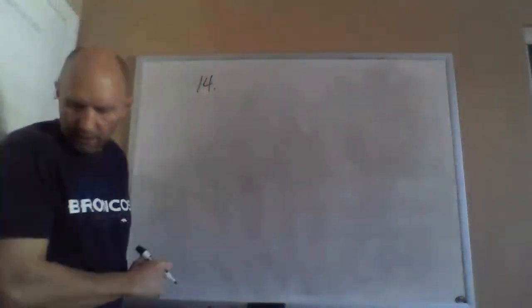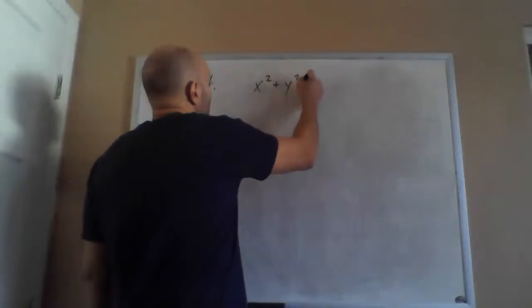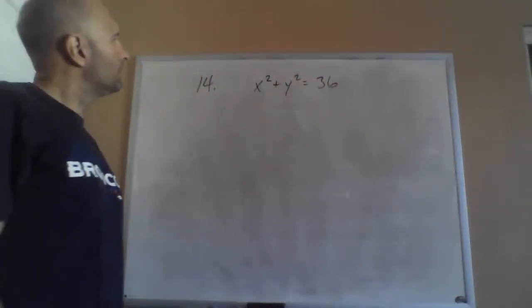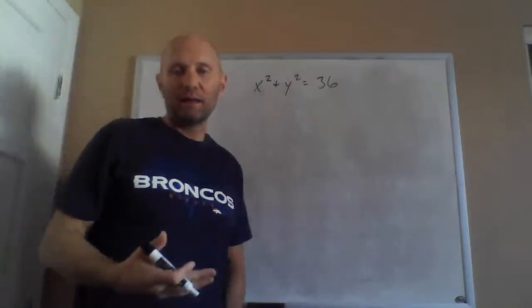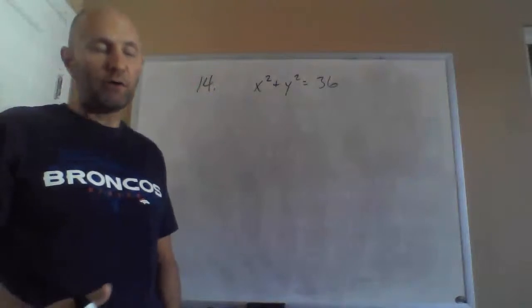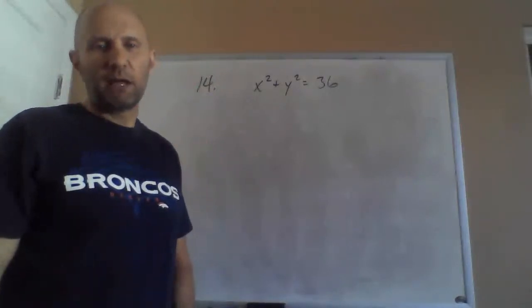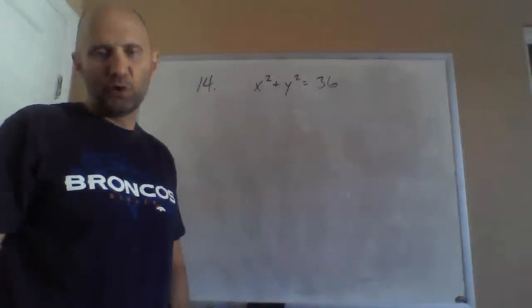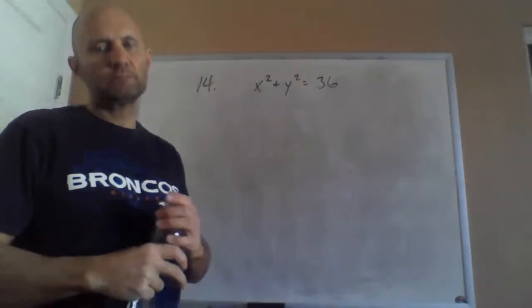All right, so we have x squared plus y squared is equal to 36. If I want to convert this to polar, it means all I want left at the end is either an r, a theta, or numbers. So can I make any substitution here, or do I have to do some work first?